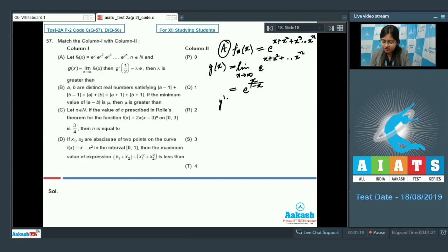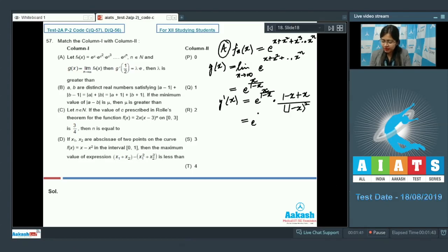We have to find g'(x), that will be equal to e raised to the power x upon 1 minus x multiplied with the differentiation of x upon 1 minus x, that is 1 minus x whole square in the denominator. We have 1 minus x minus into minus x, that is plus x.